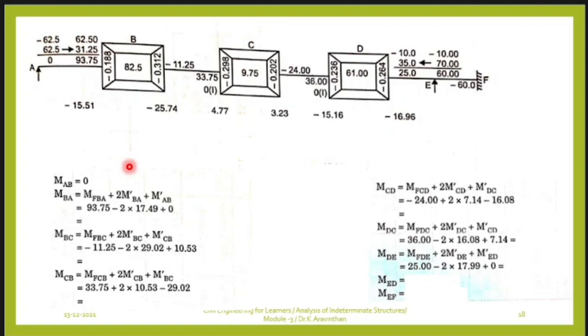How to do the next iteration? 82.5. Now you have to add what? You already have the value here, 15.16. So 82.5 minus 15.16. What is the answer? 67.34 into 0.188, 16.41.